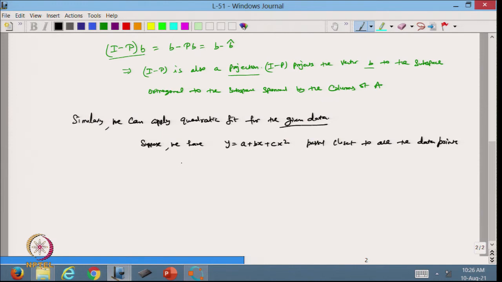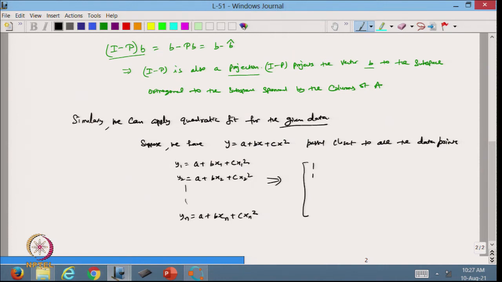So, in this case also, if you see, then I will get that y1 can be written as a plus b x1 plus c x1 square, y2 is a plus b x2 plus c x2 square like this one, and in the end I will get yn equals a plus b xn plus c xn square, and from here I will get the matrix.